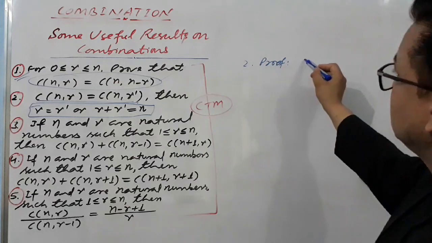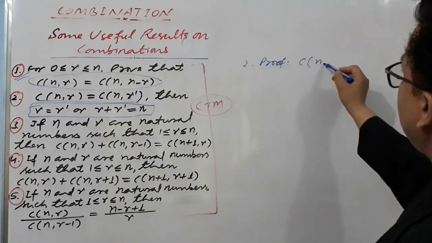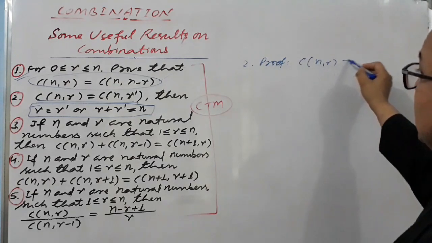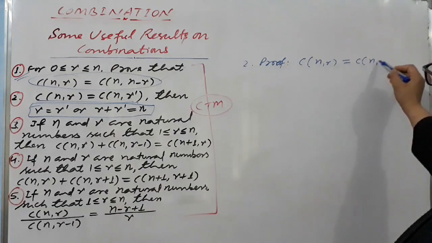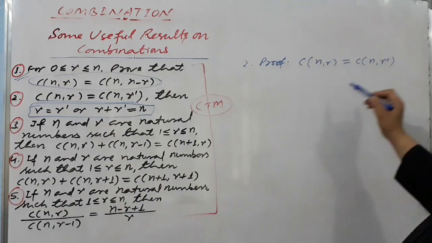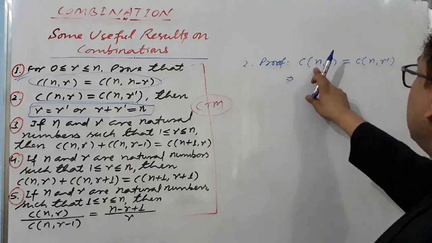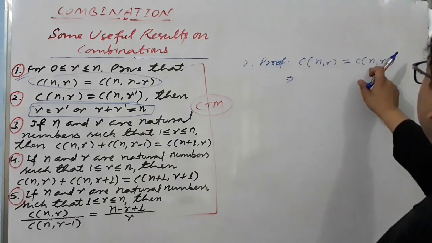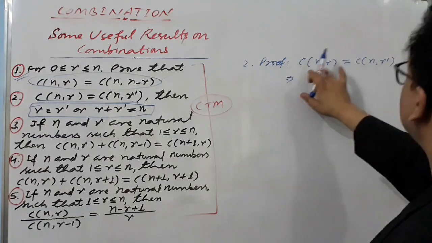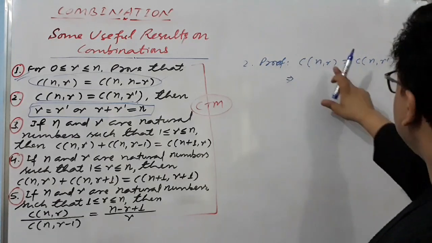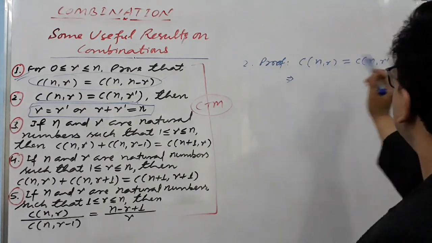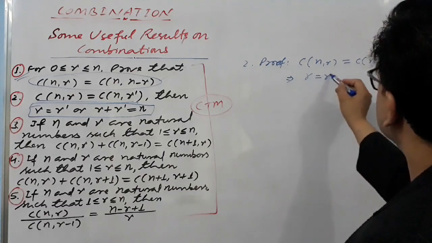See here, we have C of n comma r equal to C of n comma r prime. This implies n is equal, and both combinations are equal, so definitely r must be equal to r prime. So r is equal to r prime.